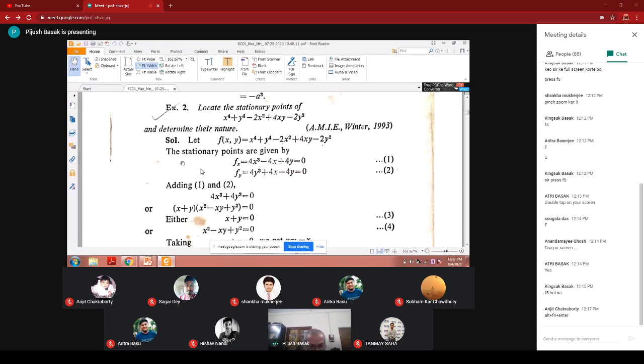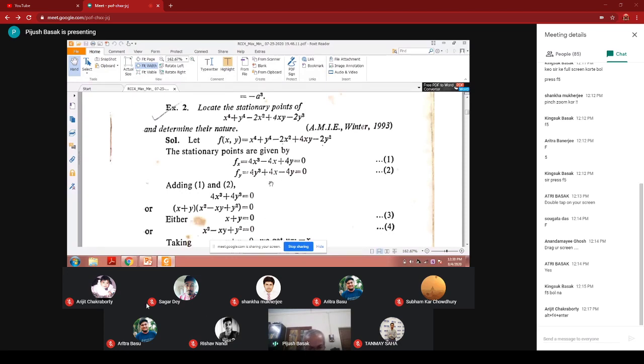We don't know that. Stationary points are given by the first partial derivative f_x equal to 0. If you take the first partial derivative with respect to x, it will be 4x cube minus 4x plus 4y. That is written here. This is equal to 0.